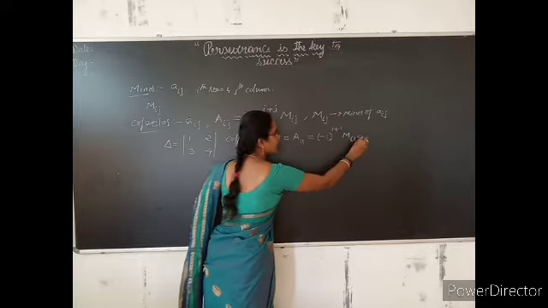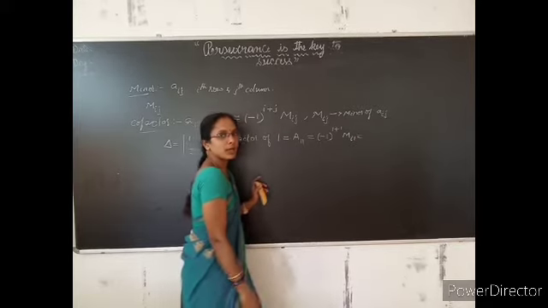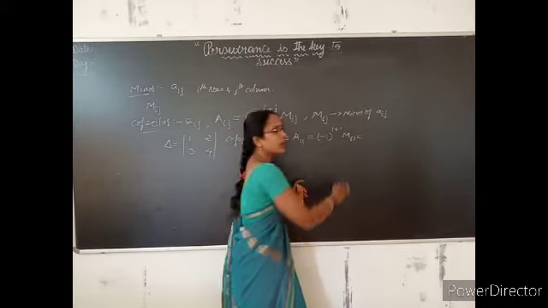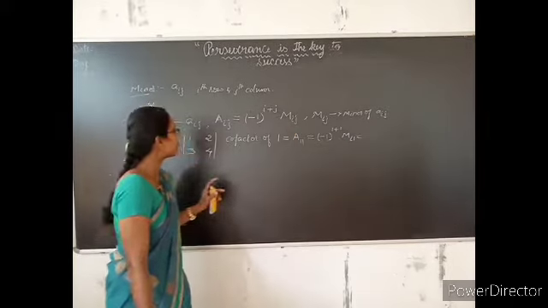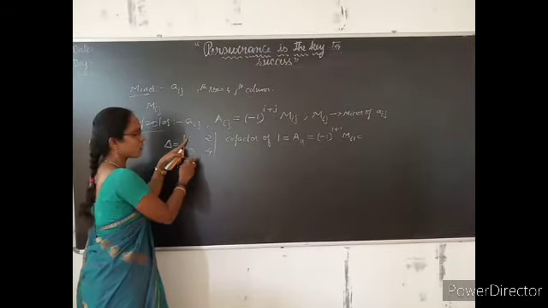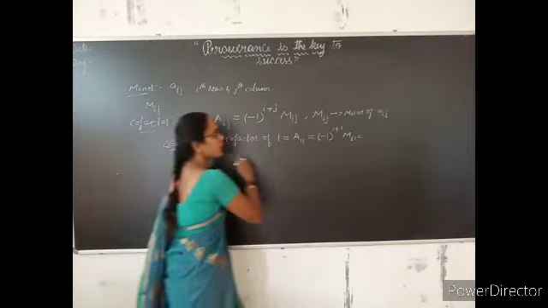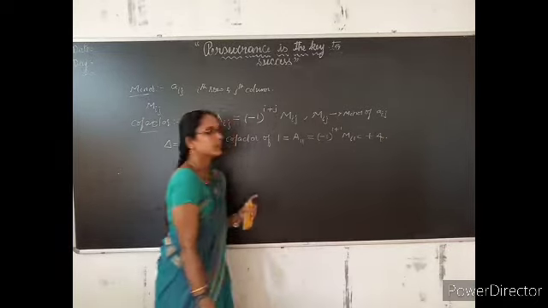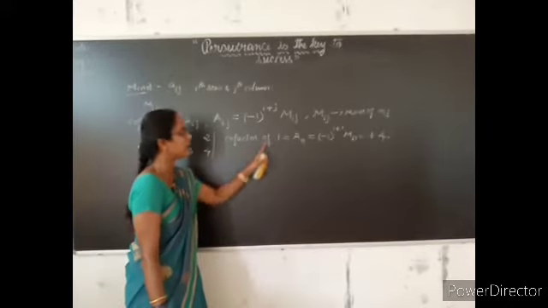So this is minus 1 to the power 2. Minus 1 to the power of any even number is plus, into M11. We already calculated M11: deleting the first row and first column, we get a determinant, that is 4. Therefore, the value is plus 4. So this is the cofactor of the element 1.